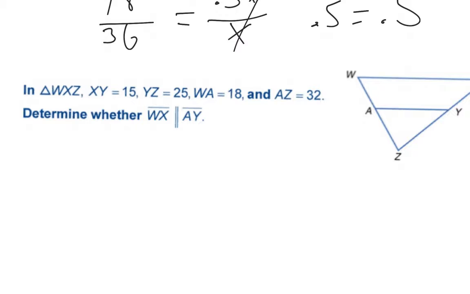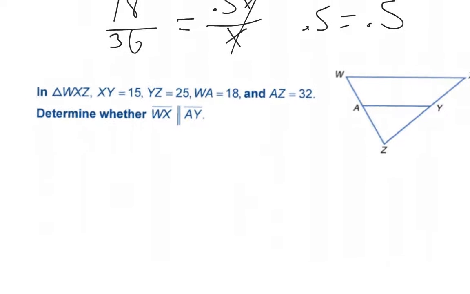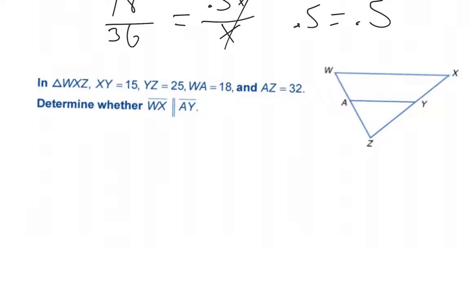One more. We're going to determine whether they're parallel, okay? YX, or XY, is 15. YZ is 25. WA is 18. And AZ is 32. Set it up for me. What do you got? 18 over 32 and 15 over 25.